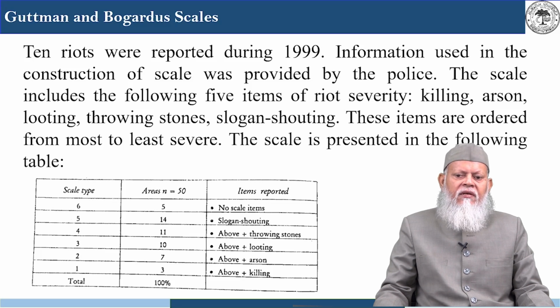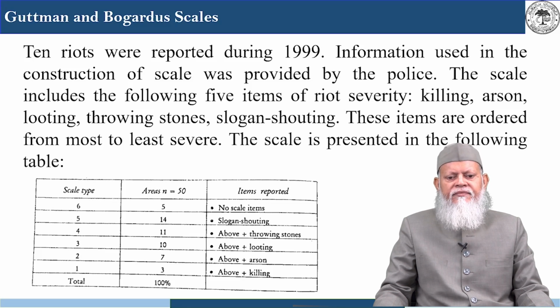So, we have ordered these items of riot severity in terms of the severity of the phenomenon, beginning from the most severe to the least severe, from killing to slogan shouting. The scale is presented in the following table.